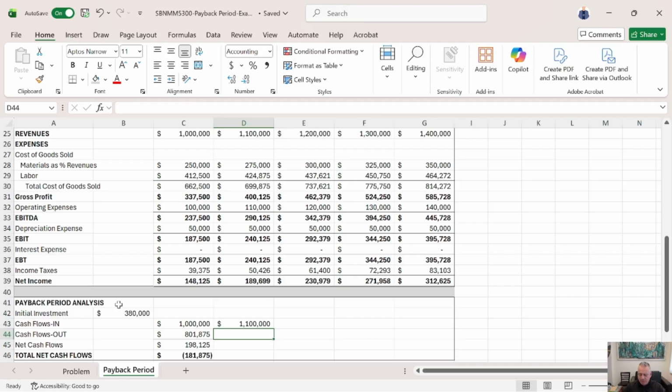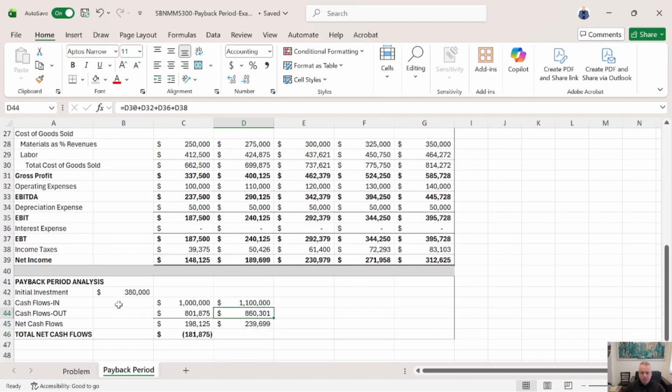And then again, I'm going to have my expenses be equal to my cost of goods and my operating and my interest and my income tax, so that in that second year, the $1,000,001 minus the 860 gives me another 239 worth of positive cash flows in, so that my total net cash flows in the second year would be equal to that previous year plus these new cash flows here, which tells me I actually break even already in year 2.